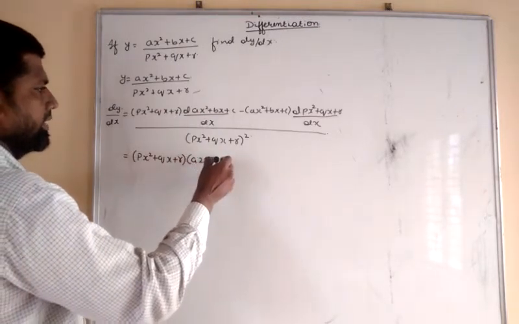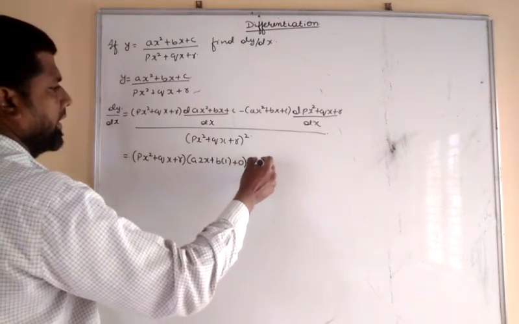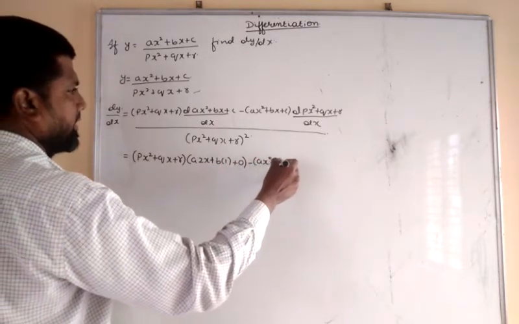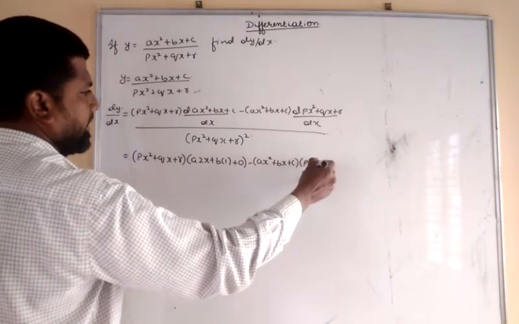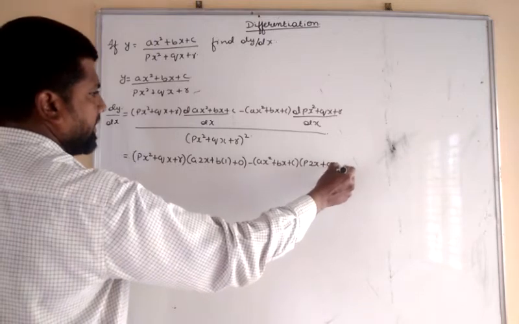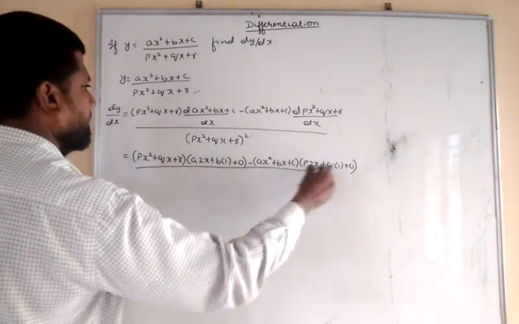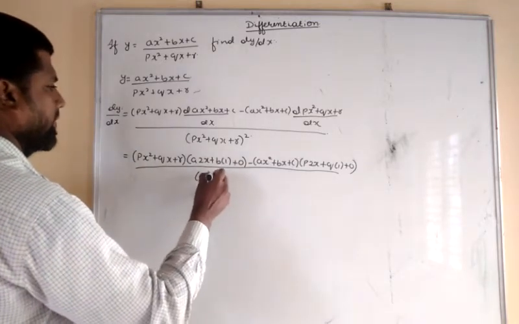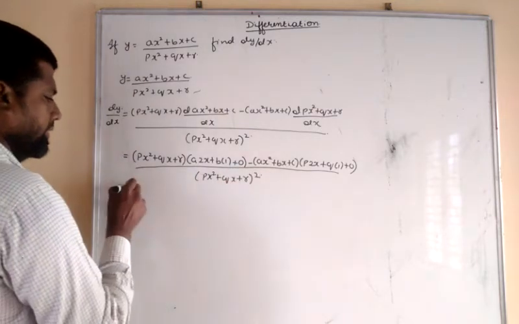Then px square plus qx plus r, a constant, x square differentiation is 2x, b constant, x differentiation is 1, c constant is 0. Then ax square plus bx plus c, then p is constant, x square differentiation is 2x, q constant, x differentiation is 1, r constant is 0, by (px square plus qx plus r) whole square.